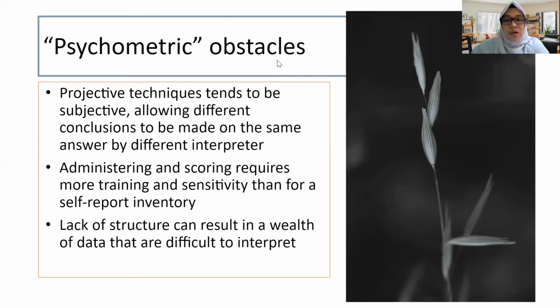It results in a wealth of data, but it is quite difficult for the interpreter, especially the novice interpreter. It is very challenging for them to come up with a specific conclusion about the subject.